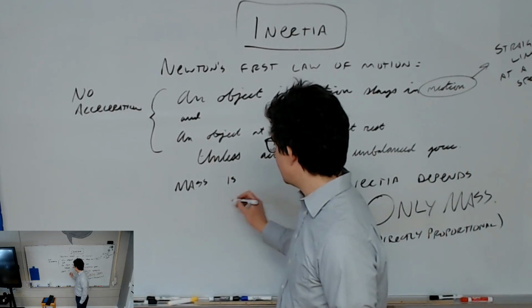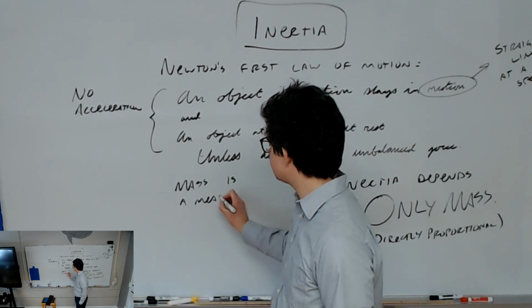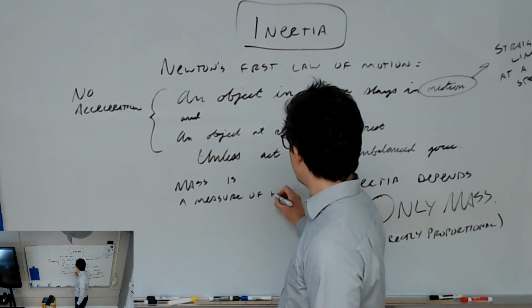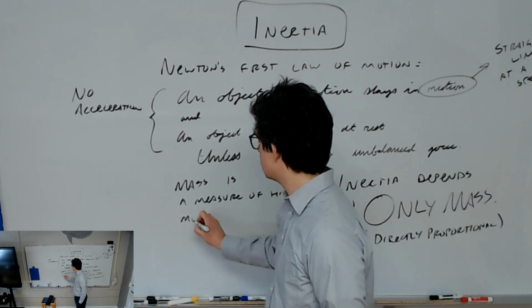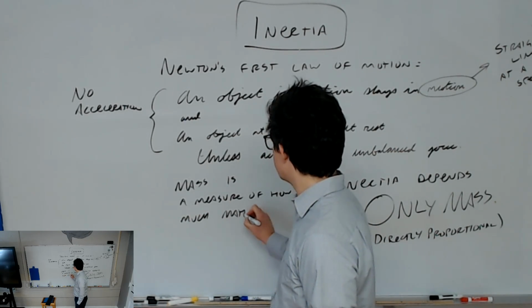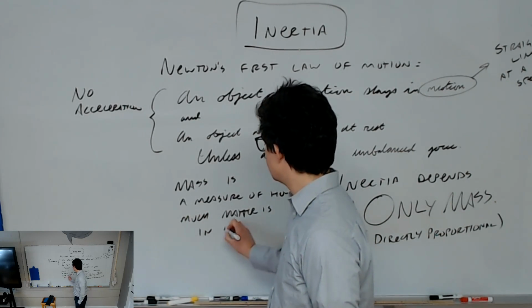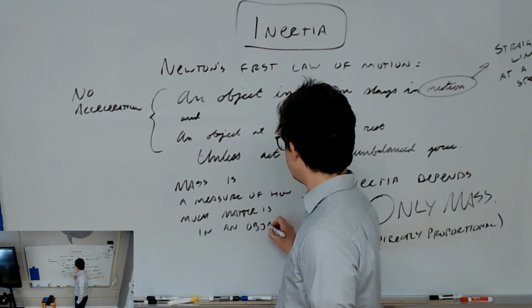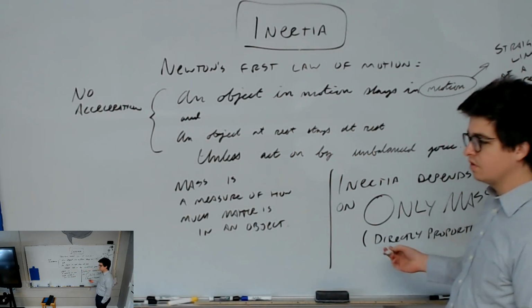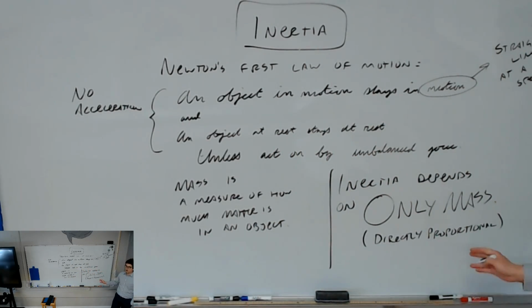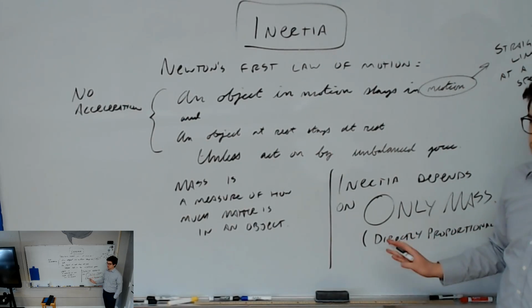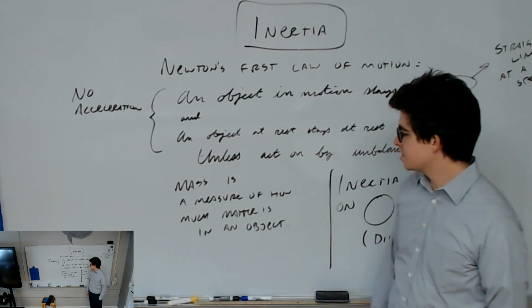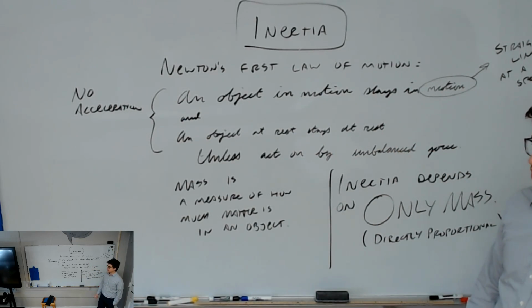So we could say that mass is a measure of how much matter is in an object. That's all mass is. Remember, we define inertia a little bit as how hard it is to change the motion of an object. Mass is a measure of how much matter is in an object.